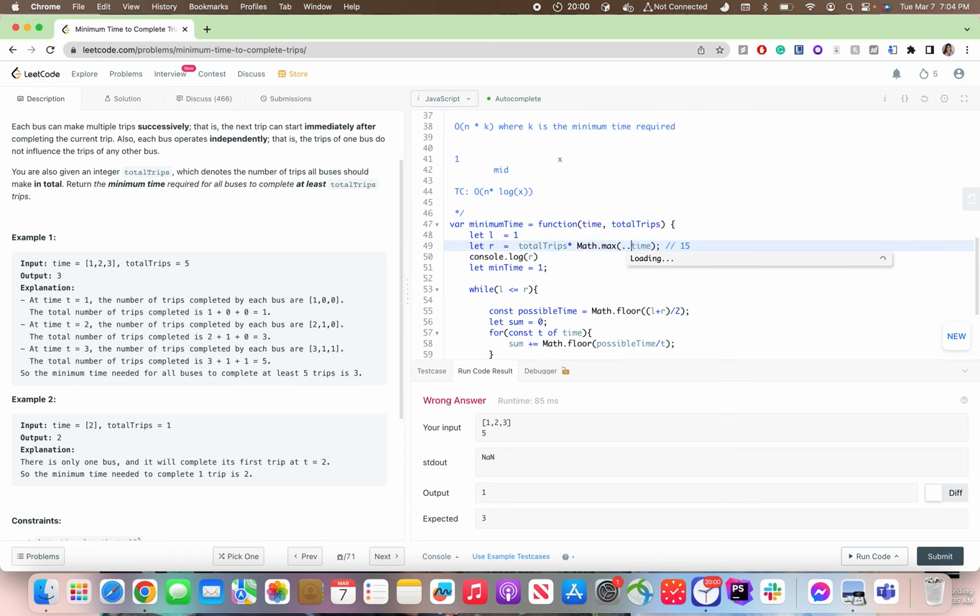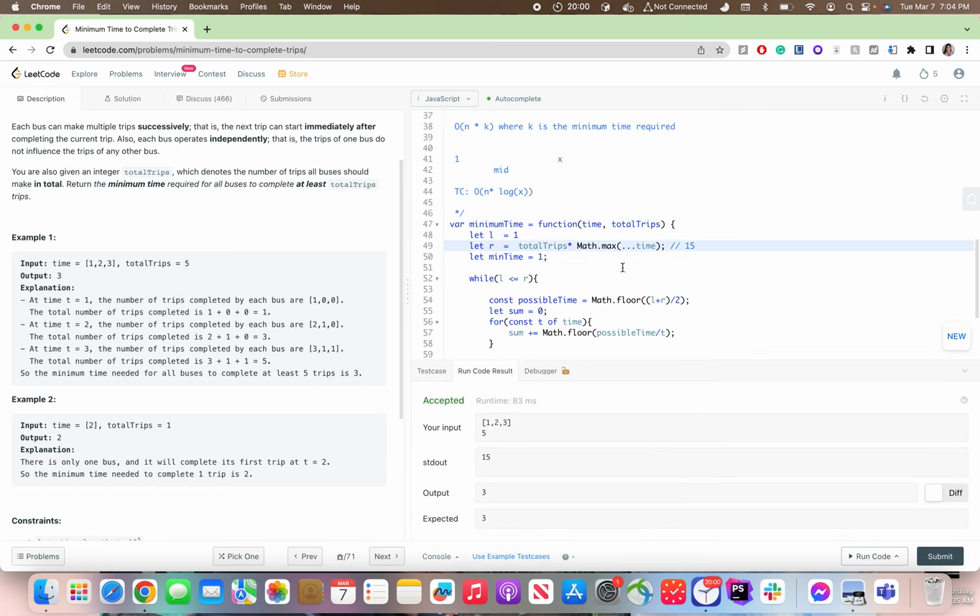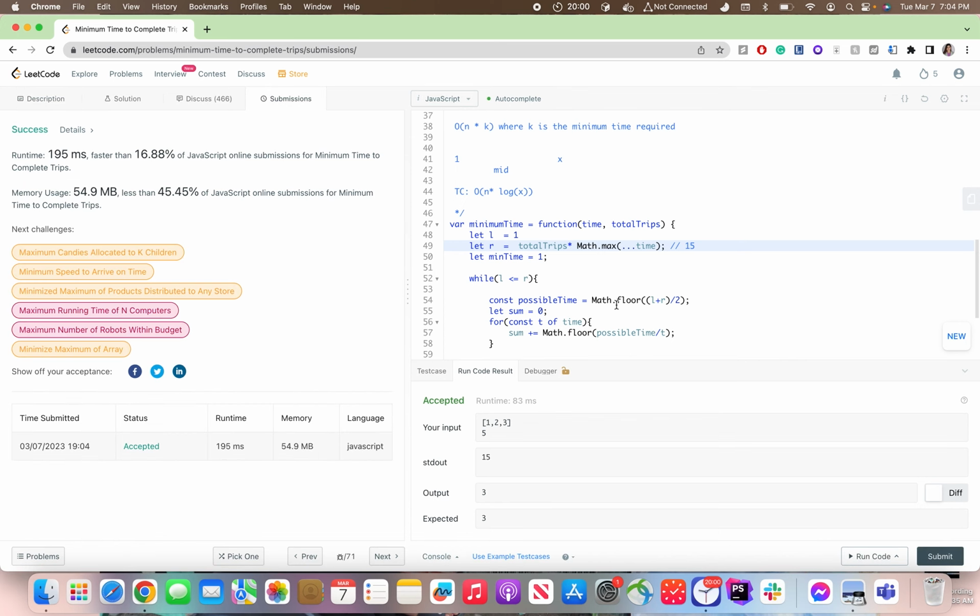Okay, what should I do? I should do something like this. Okay, so that was a programming mistake. Okay, it worked, but I did not complete this in time.